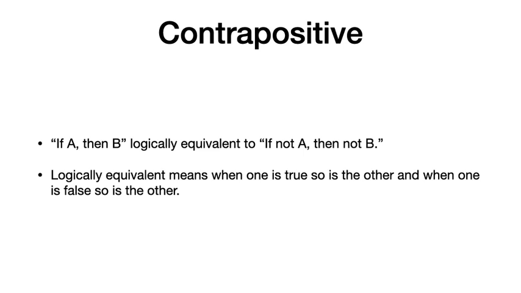So, if you have if A, then B, with logically equivalent statements, you can always replace one with the other. You're allowed to replace it with if not A, then not B. We'll talk a bit more about logical equivalence, but these are statements that are. Remember, we've already talked about this a bit. No A or B is logically equivalent to no B or A, right?